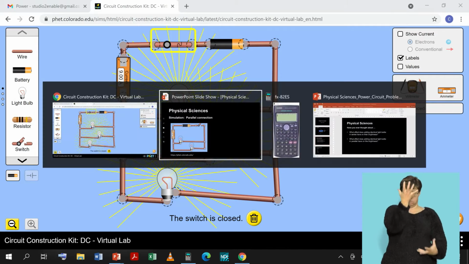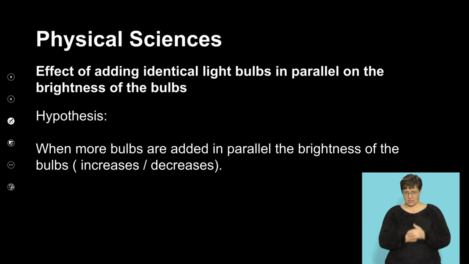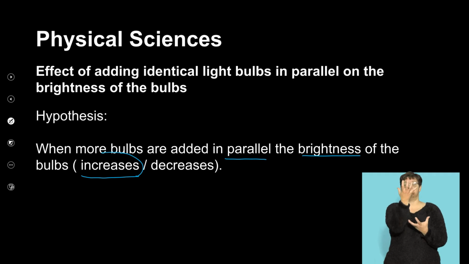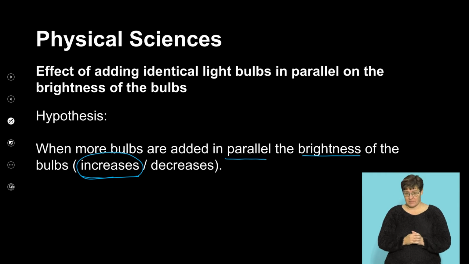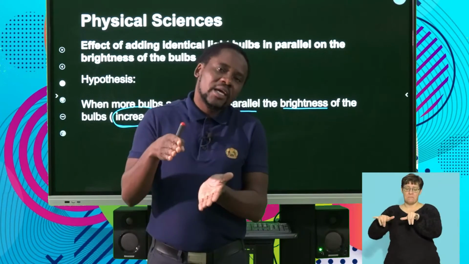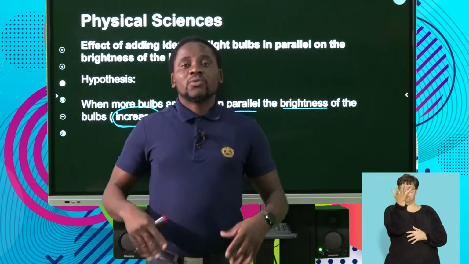Now let's go back to our slides. The question that we asked ourselves is that when more bulbs are added in parallel, the brightness of the light bulbs increases. What does that mean? It means the more identical light bulbs we add in a parallel connection, their individual brightness will increase.